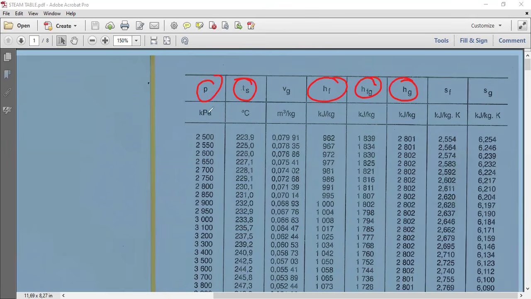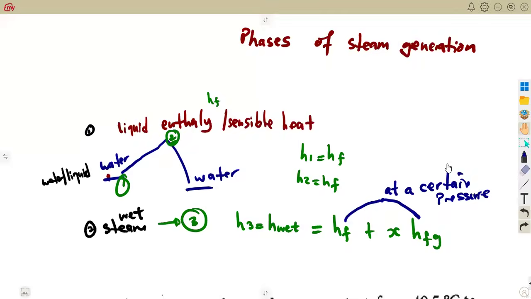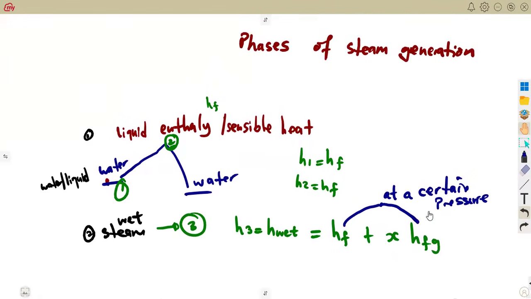Even if you are given pressure, you can use the pressure to find these also. So this is simply something that you take from your steam table. All right, these are some of the important stages.